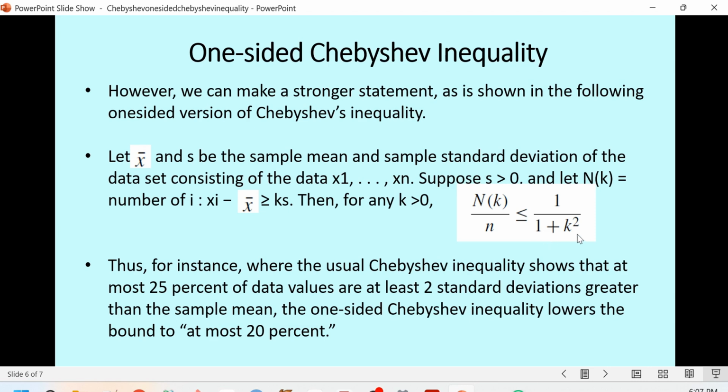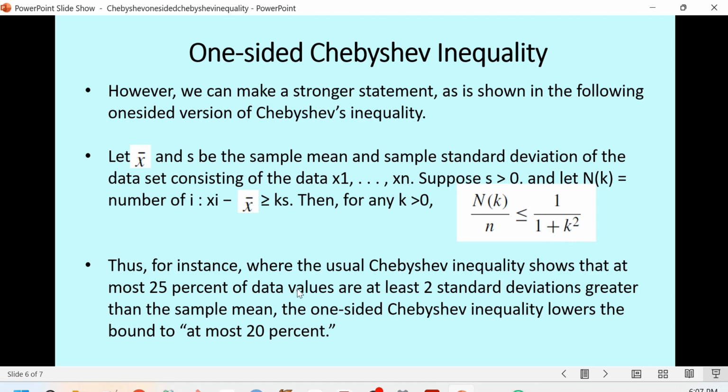This is interesting, and we skip the derivation of this result. We just state it: the proportion of data outside of k standard deviations around the mean, for any data, is less than 1 divided by 1 plus k squared.